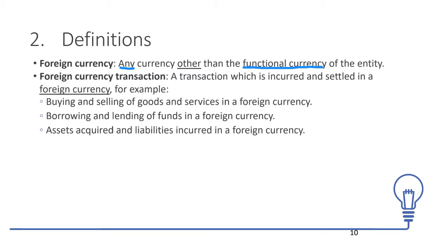And then if we have a transaction that takes place in a foreign currency, we are said to have a foreign currency transaction. Now, we can buy, we can sell, we can have assets, we can have liabilities sometimes. If we get into a loan, we can have liabilities. If we sell, we can sell assets. So there can be so many ways in which we can engage in such foreign currency transactions. Okay, now let's look back at this diagram.